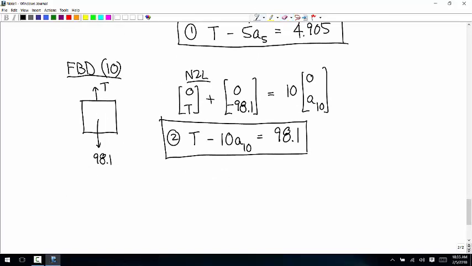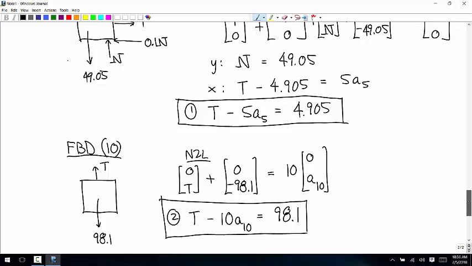And then the constraint equation, this is two equations for three variables. So our constraint equation, well, if the sliding one moves an inch in the x direction, where does this one move in the y direction?